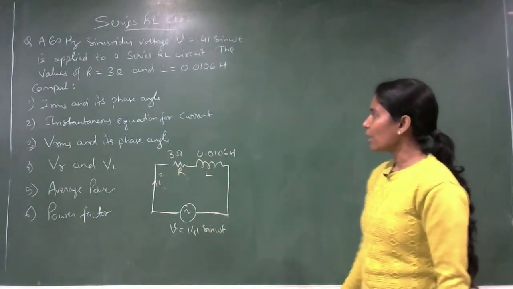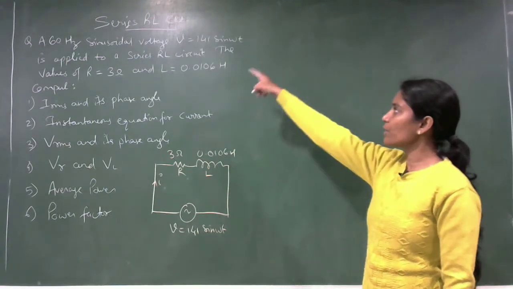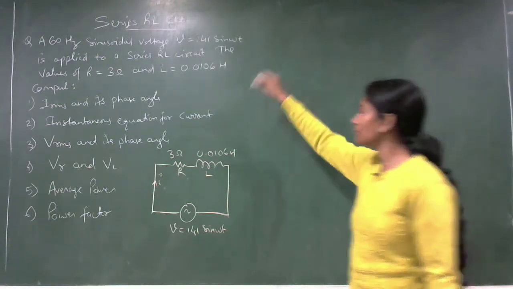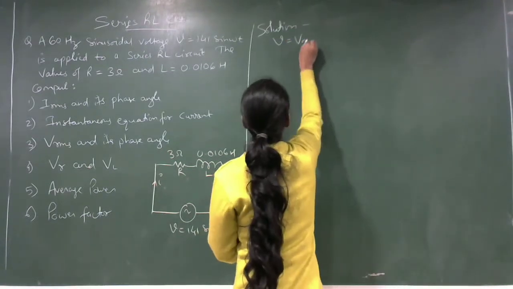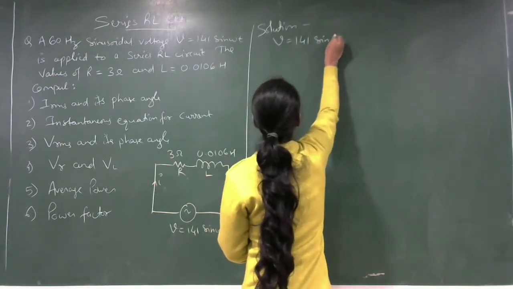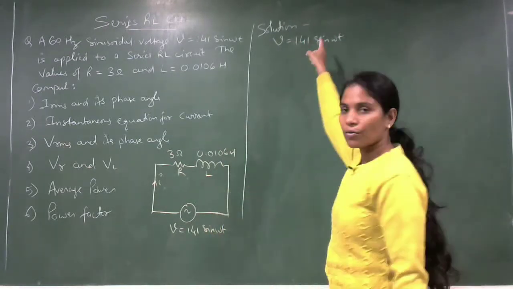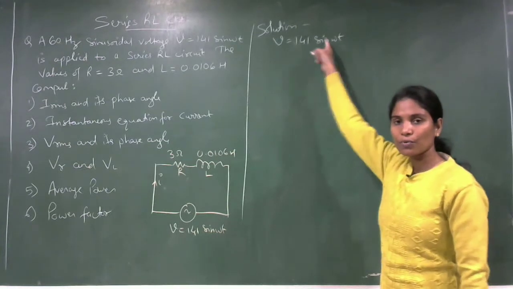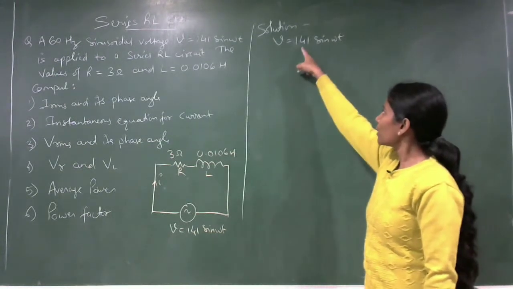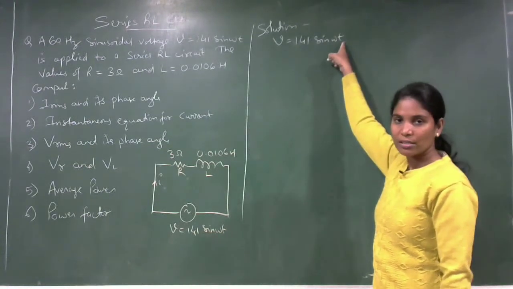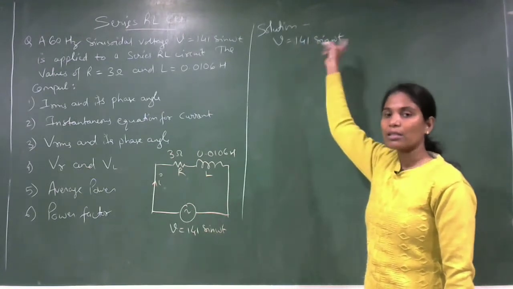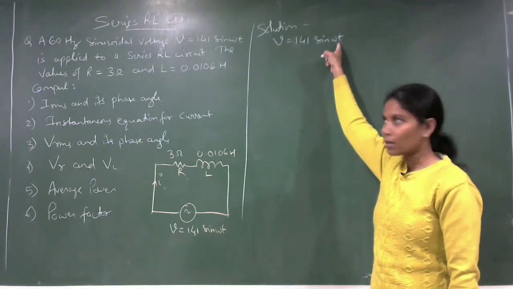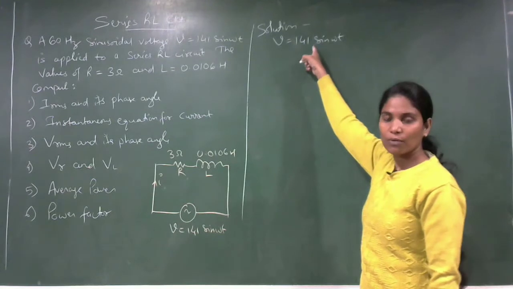First of all, I'll take the supply voltage equation given here. This is the instantaneous equation for the supply voltage, where sin omega t represents that voltage is on the reference line. It is starting with 0 degree. What does this value 141 represent?